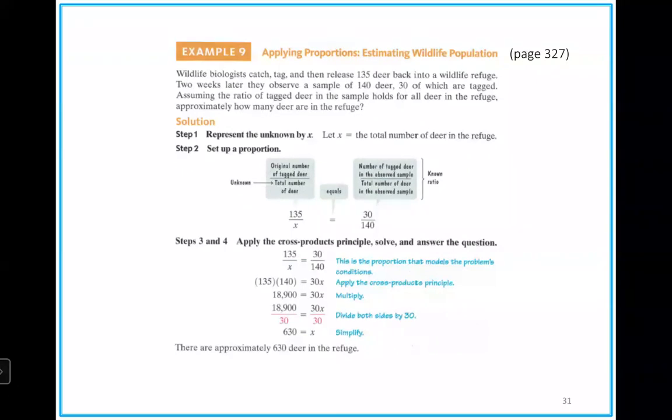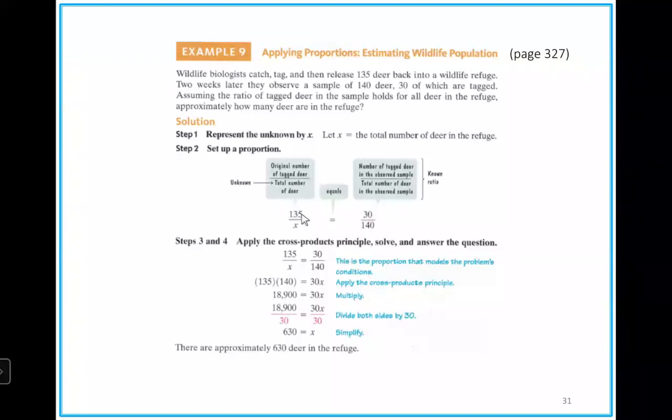Okay, so you'll see here, they want you to find out how many deer are in the refuge. So what they did, they caught 135. They put a tag on them, and then later on, they observed 140 of them, and of that 140, only 30 of them had a tag.